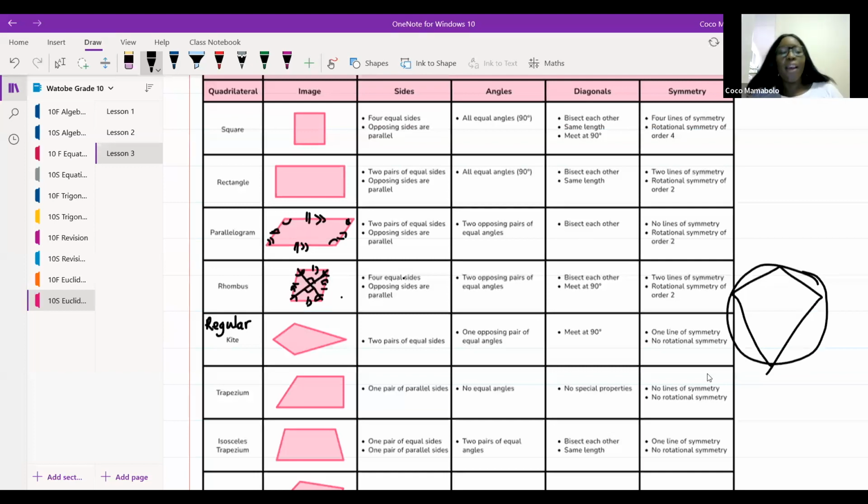It's a kite. But is it a regular kite? We don't know. So the one thing we need to know is that in grade 10, they are always going to give you a regular kite. But every kite that you come across will not be a regular kite.